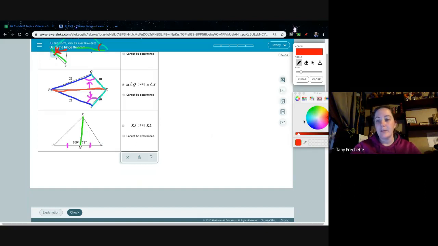So now if I want to make a decision about KJ and KL, I just need to look at the angles. So which one's bigger? 109 is definitely bigger. So KJ must be bigger. So we want our little Pac-Man guy, and I know I don't get to draw it on this one. It's not quite as fun, but still, we want it to be going in that direction.